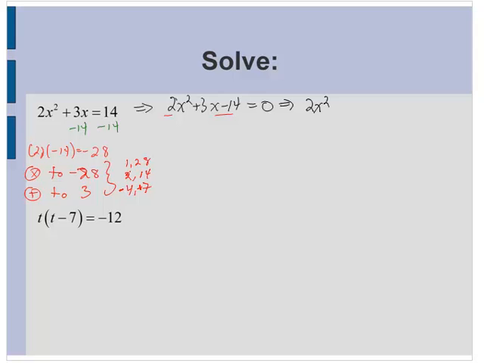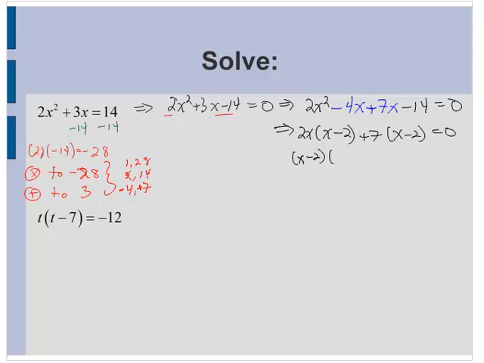So that would become 2x squared minus 4x plus 7x minus 14 equals 0. So that would become 2x by x minus 2 plus 7 by x minus 2 is 0.